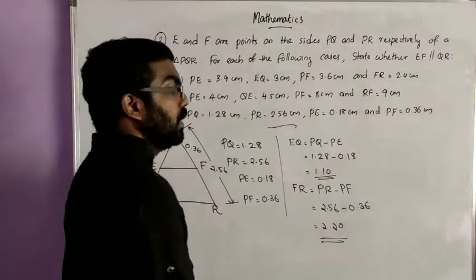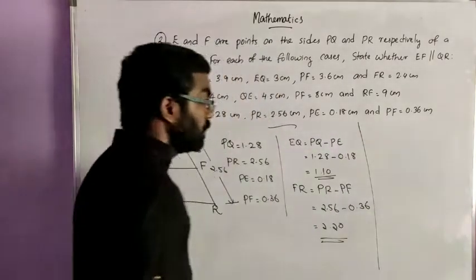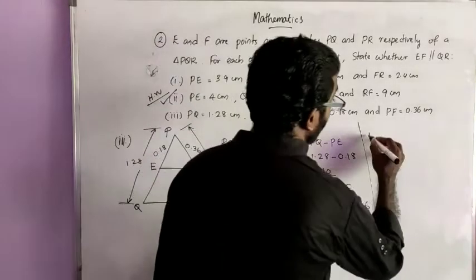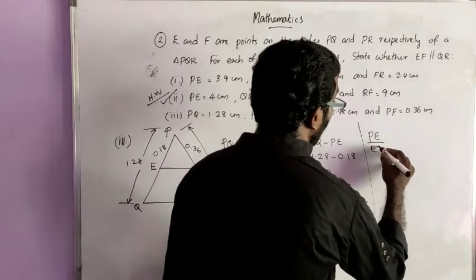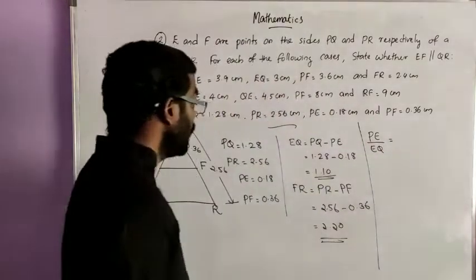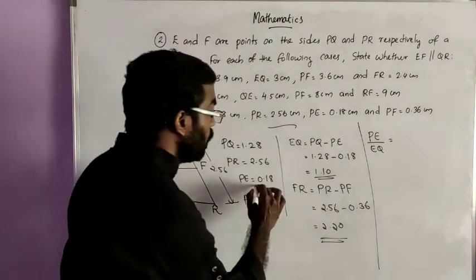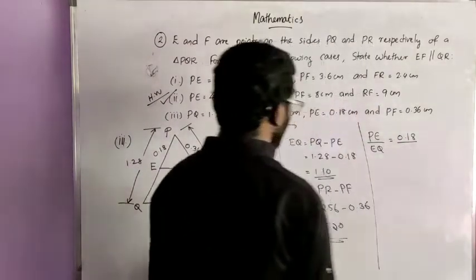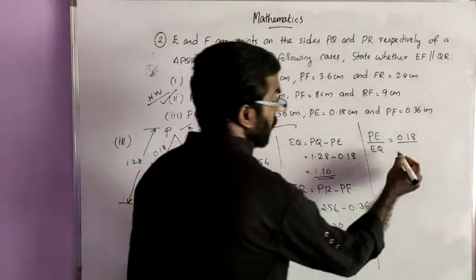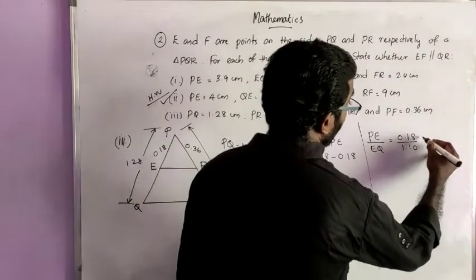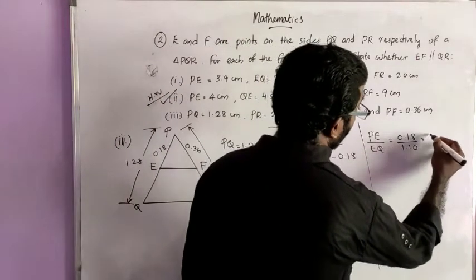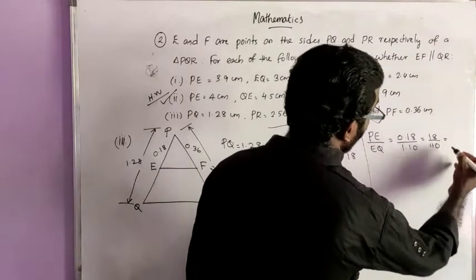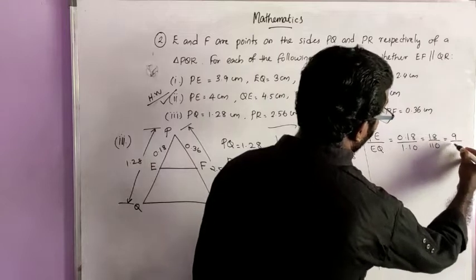Now we are going to find the ratios. PE by EQ is equal to PE, which is 0.18, divided by EQ, 1.10. You can remove the decimal sign: 18 by 110. After cancelling we get 9 by 55.